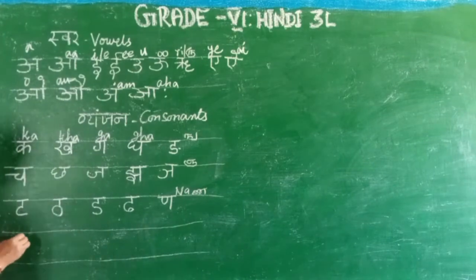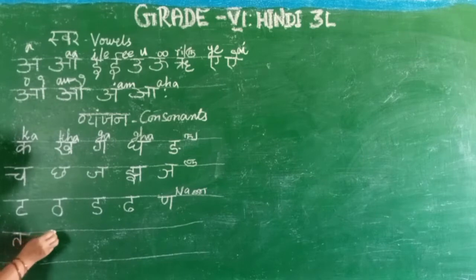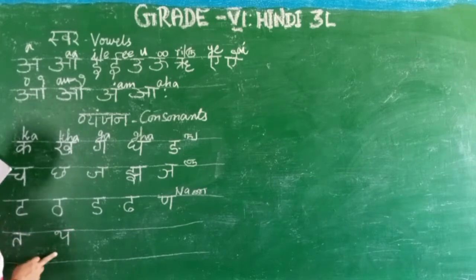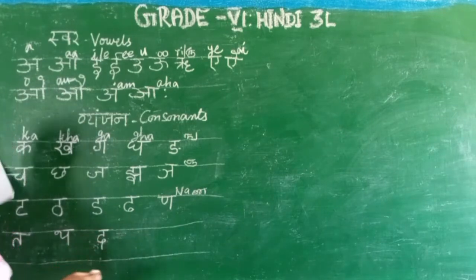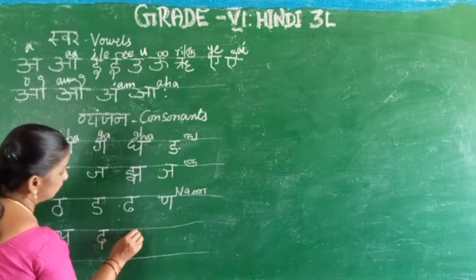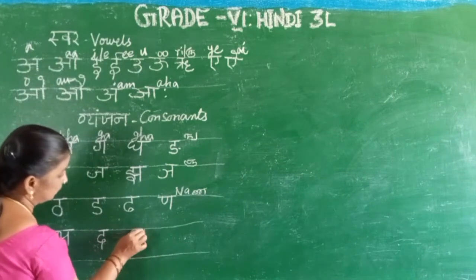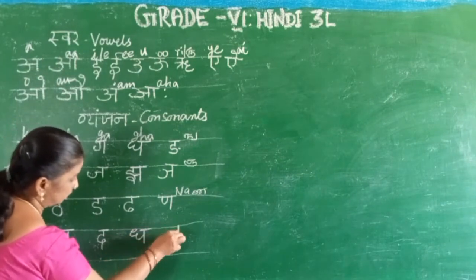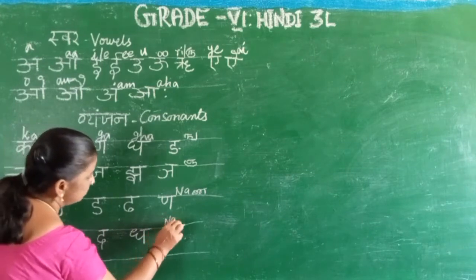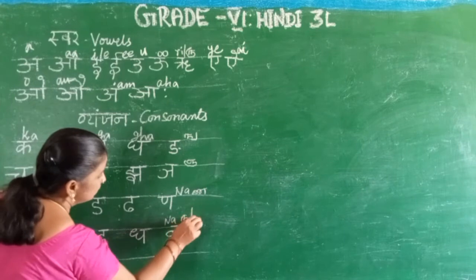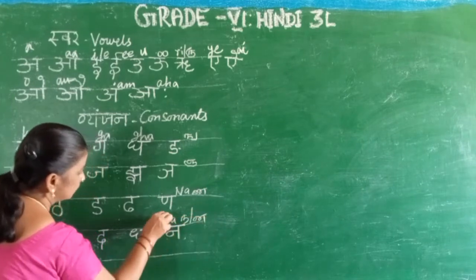And after the ta line, ta, tha, ha you add. Ta, tha, the, dha, and na. This one is also na, but in Tamil it is rendu suli na.